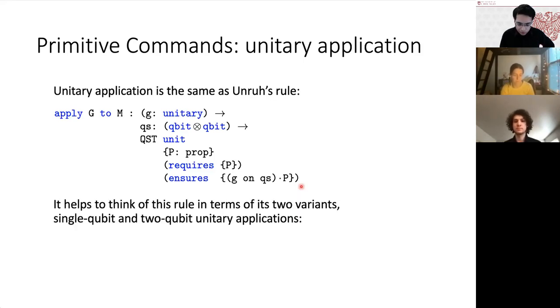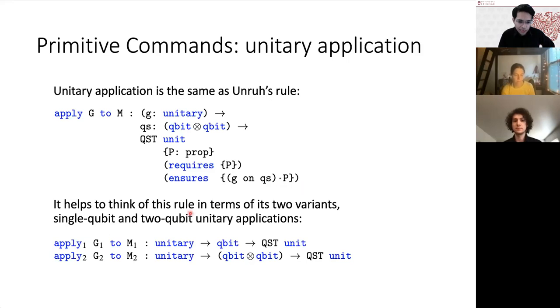And it's helpful to think of it in terms of two different types because we only currently support single and 2 qubit gates. So it either takes a single qubit and a single qubit unitary, or it takes a pair of qubits and returns the same kind of propositions. And I've omitted those here.